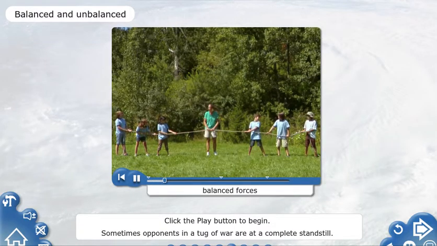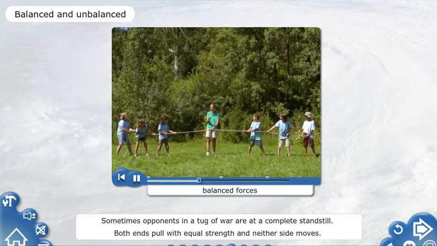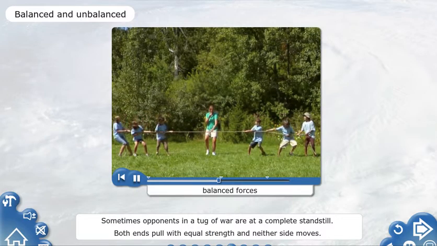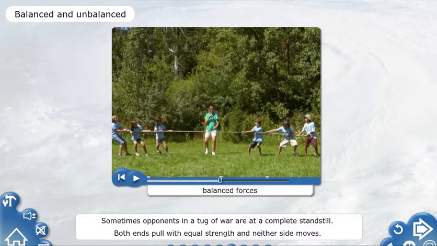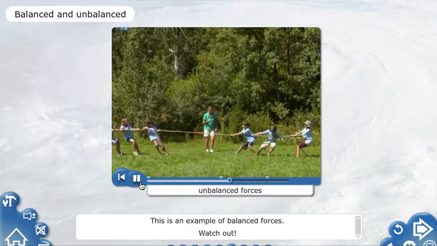Sometimes opponents in a tug-of-war are at a complete standstill. Both ends pull with equal strength and neither side moves. This is an example of balanced forces. Watch out!